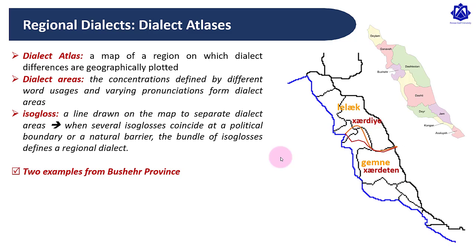And when we have a bundle of isoglosses, then we know that we have two different regional dialects. In the next section, we will talk about social dialects. That is, the differences between the dialects as a result of living in a certain society with, for example, a certain socio-economic situation or because you belong to a certain social group.